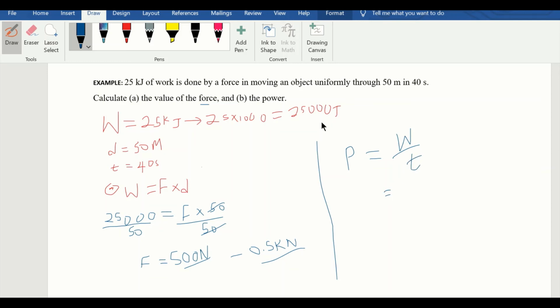The work is 25,000 and my time is 40. So my power, 25,000 divided by 40, will give us 625 joules per second, or I can say 625 watts. That is our final answer.